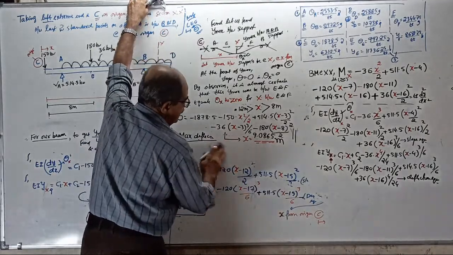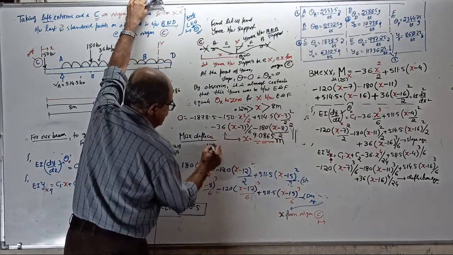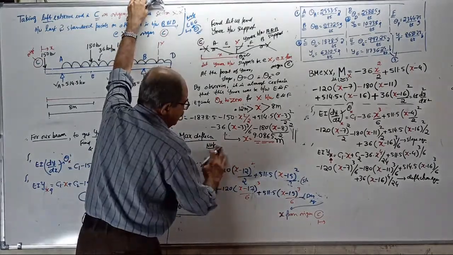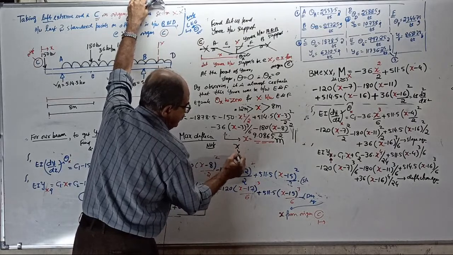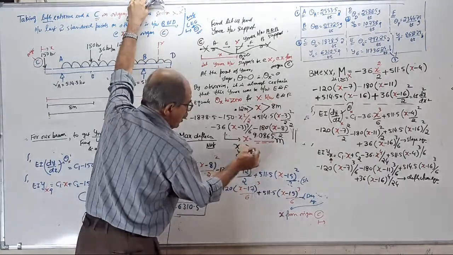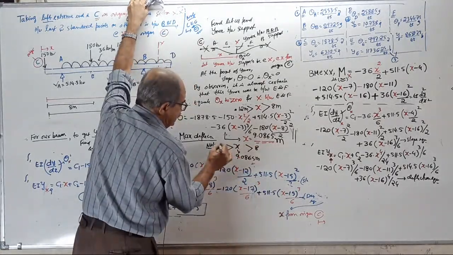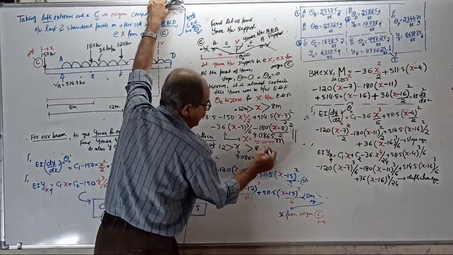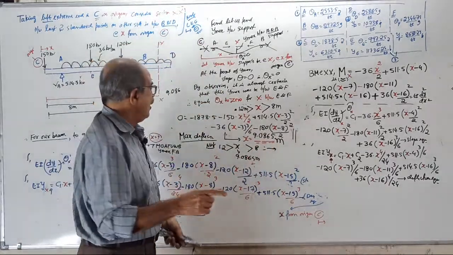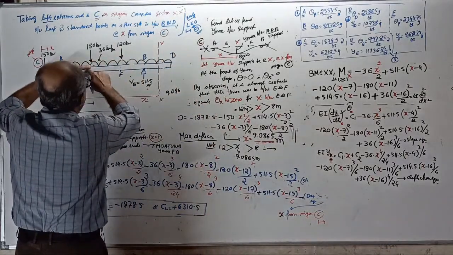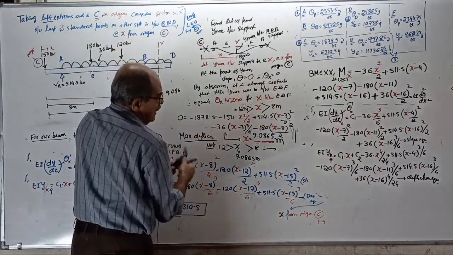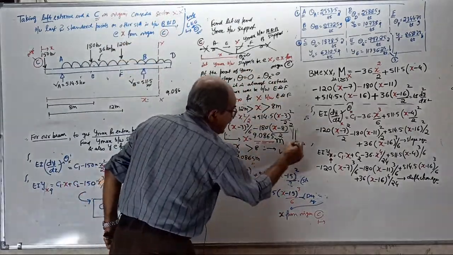Therefore, see, note, x equal to that x value, whatever you got, that is 9.0865 meter, is more than 8 but less than 12. Therefore, you write here: our assumption or decision of y maximum between E and F, for which x should be more than 8, less than 12, is perfectly correct.